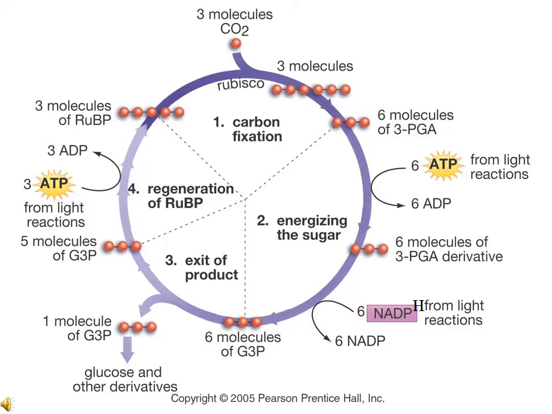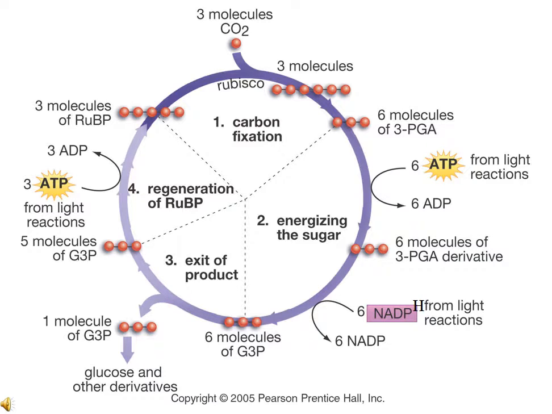Okay, as you can see, we're starting with carbon dioxide, and we end up with glucose and other derivatives. Now, it's not necessary to remember all the things that are occurring here, but the important thing to understand is that the carbon dioxide is moved through a process where you have a series of intermediary molecules, and these molecules eventually end up into a big molecule called glucose.